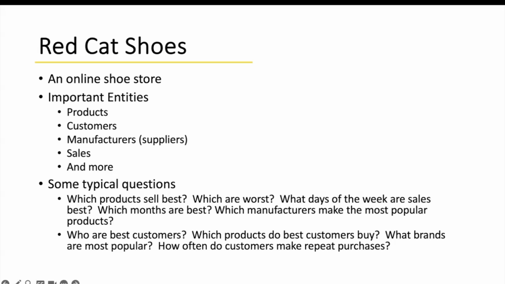These types of questions can be answered using the complete Red Cat Shoes database, but the simplified version used in this chapter will also allow you to find answers to many types of questions that you have.